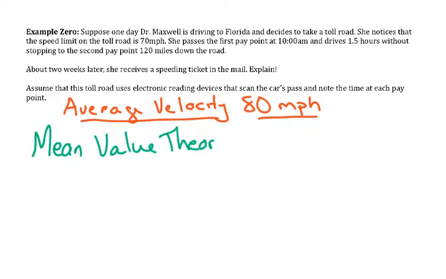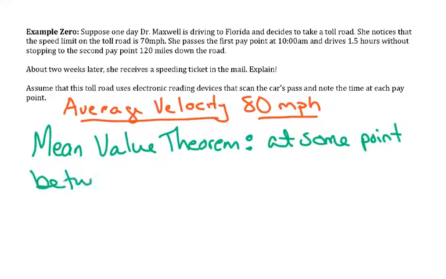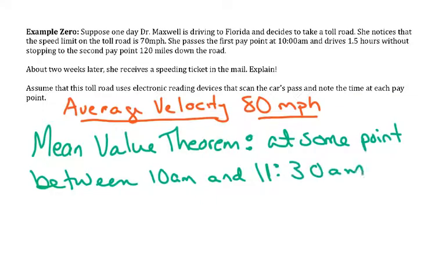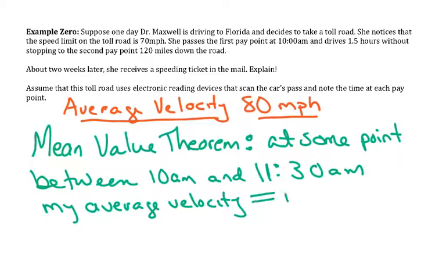At some point in this interval, between, say, 10 a.m. and 11:30 a.m., my average velocity was equal to my instantaneous velocity.